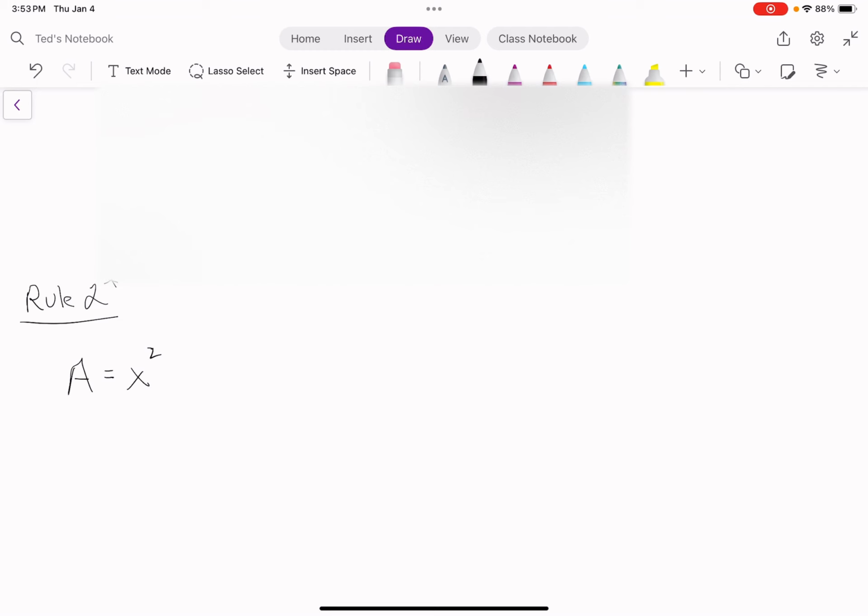Well, x squared is just x times x. So if I want to know the uncertainty in the area divided by the area, that's going to be the uncertainty in x over x plus the uncertainty in x over x, right? Because I've got two of them here. I need it twice in my uncertainty equation. And that could be written as just 2 times the uncertainty in x over x.